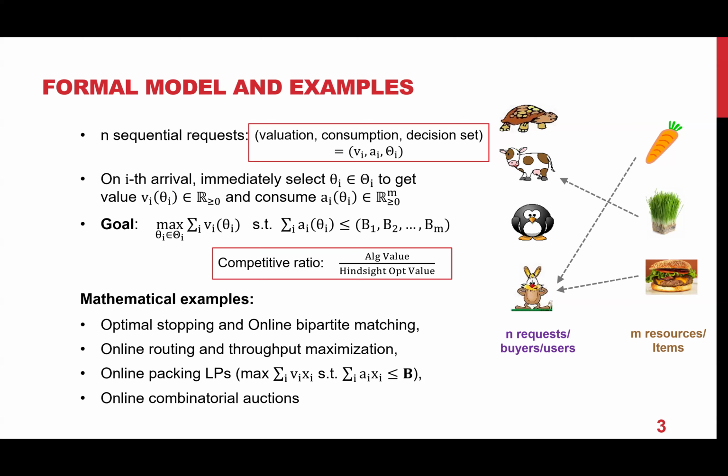Capital bold B is basically the vector B1, B2, B3. And depending on what fraction of this ith request you take, you get some value v_i. Similarly, there are more general combinatorial auction settings where the value functions could be submodular functions, XOS functions, subadditive functions. All I want to say is that there's lots and lots of work in this direction.